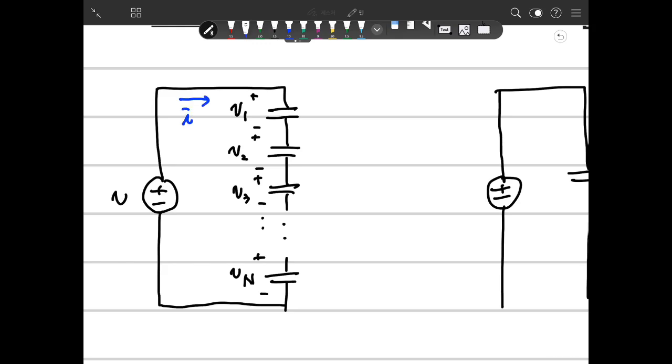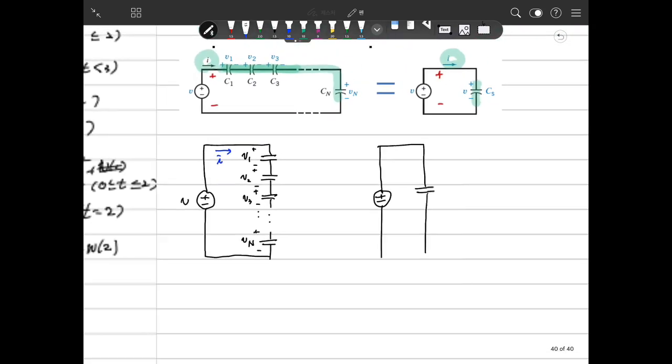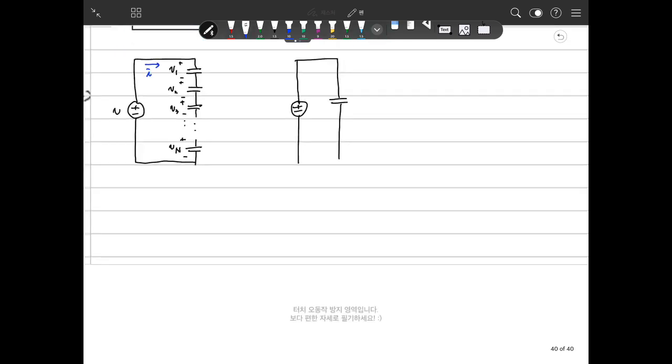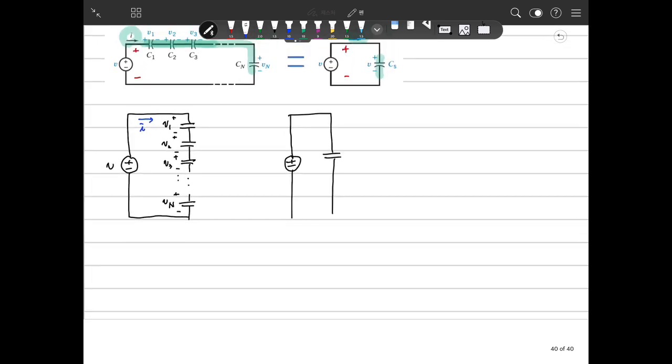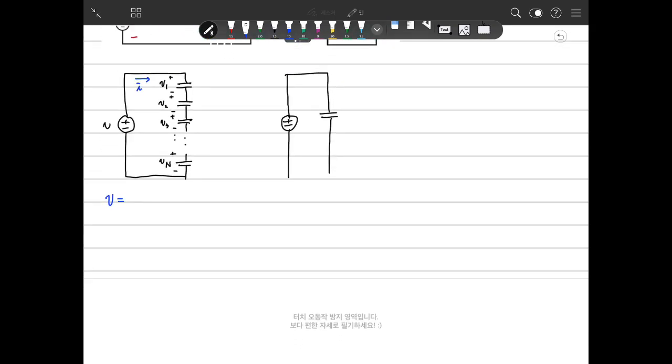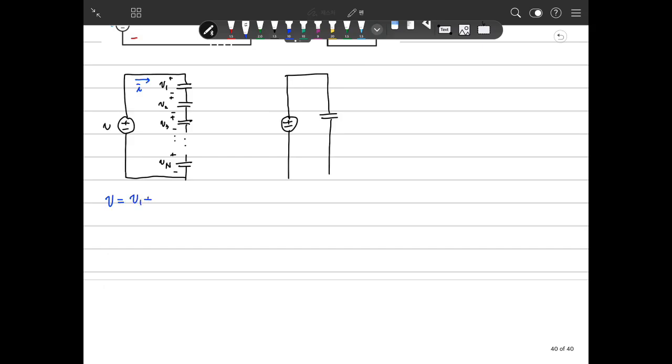We say this is current I. Then because of the KVL, we can say V is the same as V1 plus V2 plus Vn.